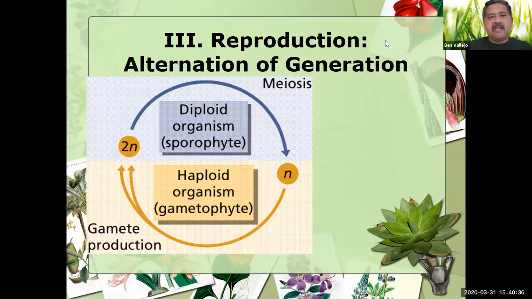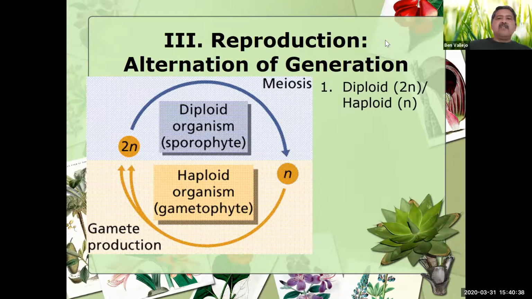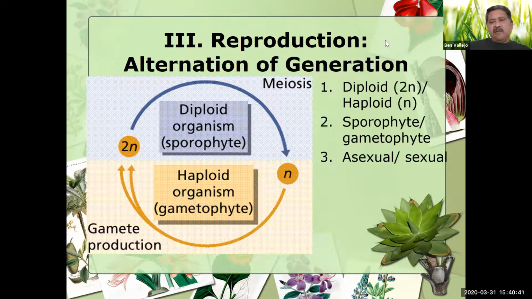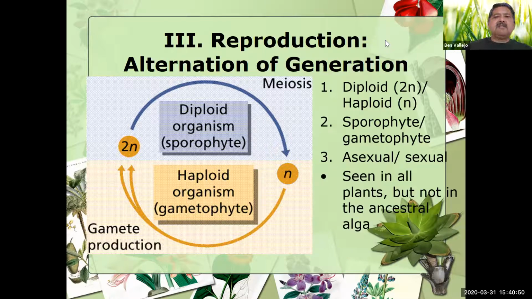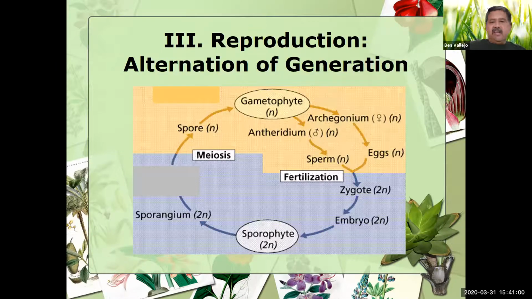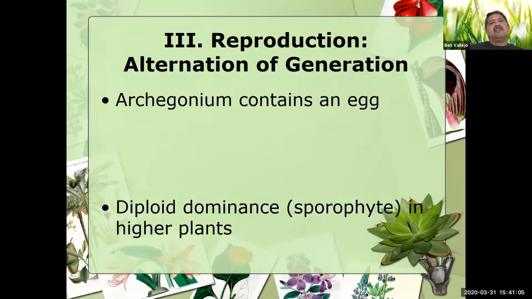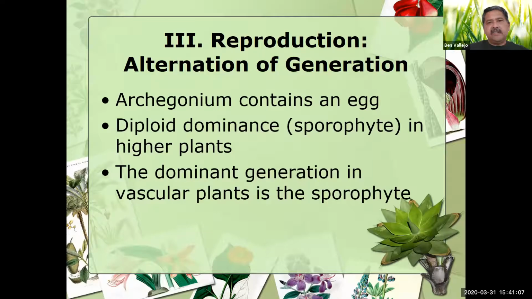So as we fill out the chart, let's first take a look at the alternation of generation. Remember, we've seen this slide before, the three different ways that things alternate in generations in the plant kingdom. So the alternation of generation is seen in all plants, but not in those algae. Remember, algae are not even plants. There's a very good graphic of the important points of the alternation of generation that we've already gone over.